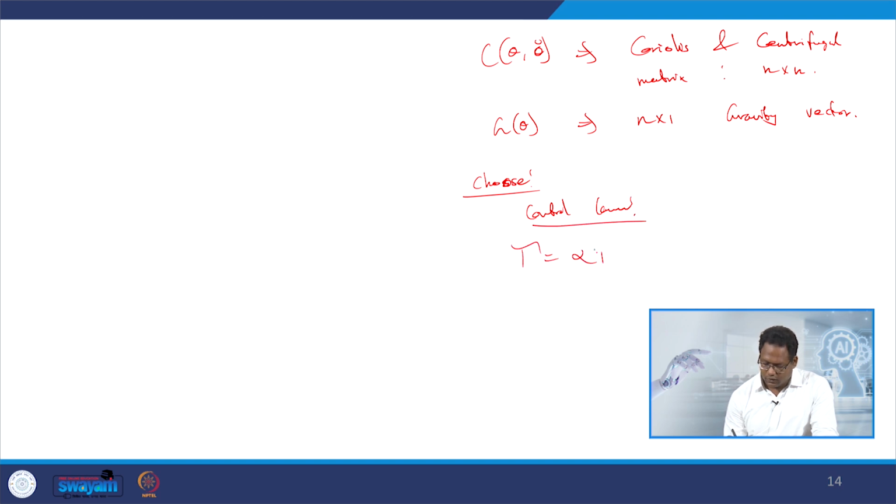Tau equal to alpha tau dash plus beta, as we have seen in the previous class, is the model based control strategy for robot manipulators.